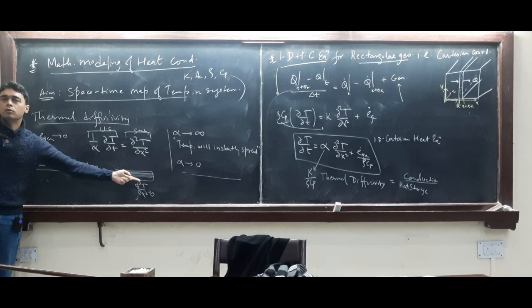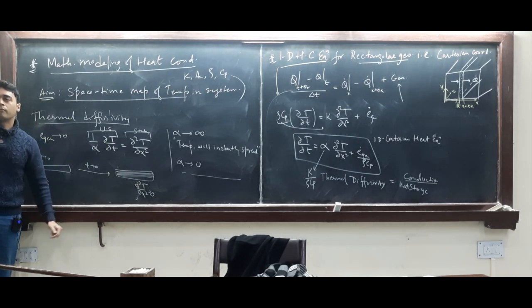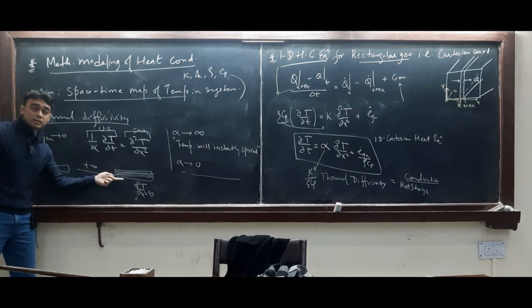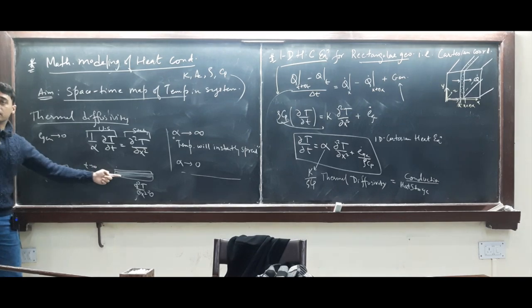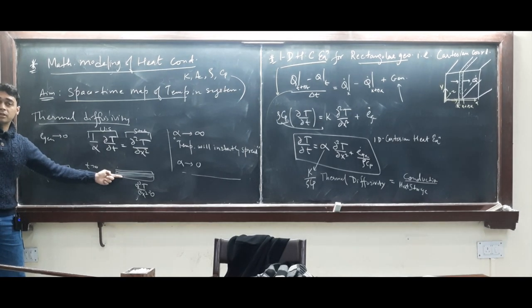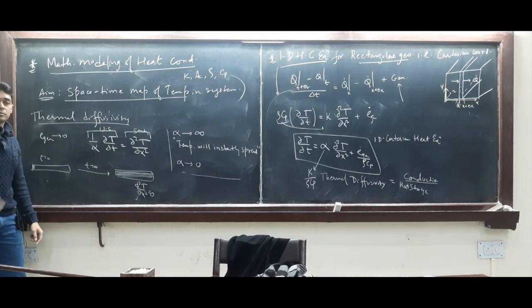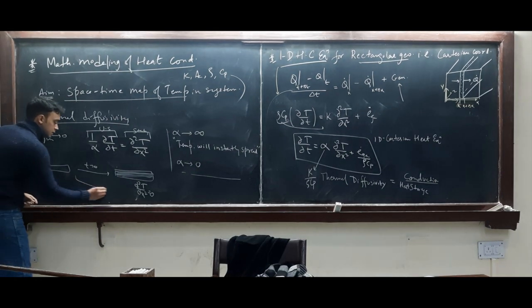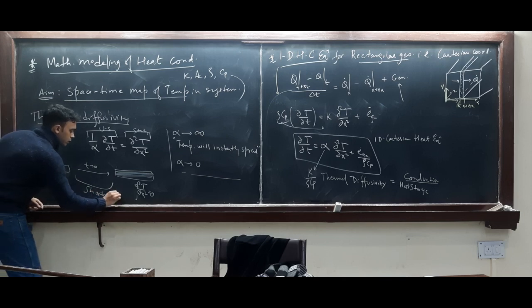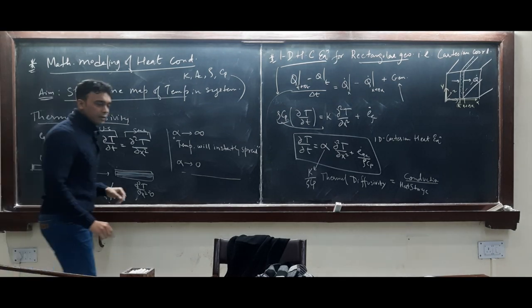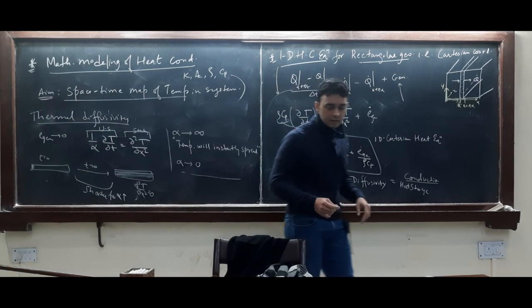I mean, I'm ultimately going to the final steady state, as I say. So this transition will occur faster if I'm taking diamond versus wood. Right? If the rod is made of two materials. So this transition time will be shorter for higher alpha. But let me confuse you a bit by giving you the values of some of the materials.